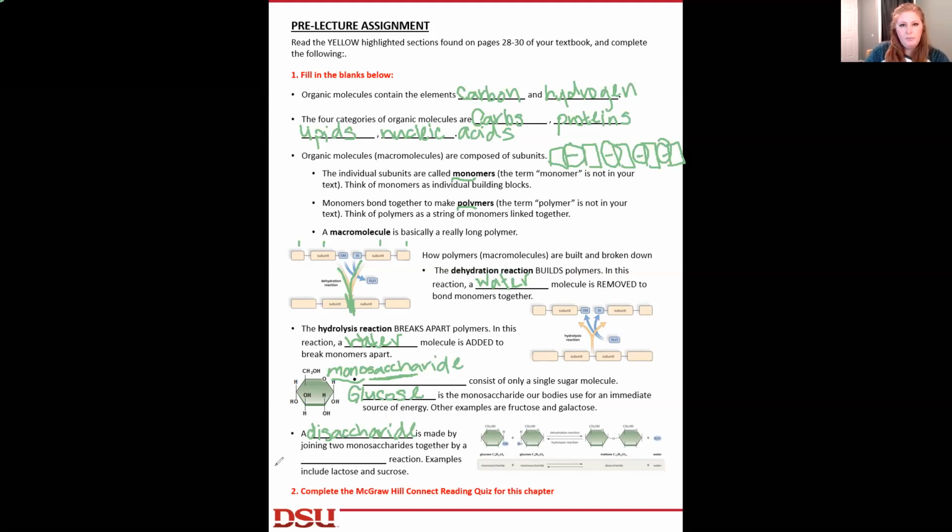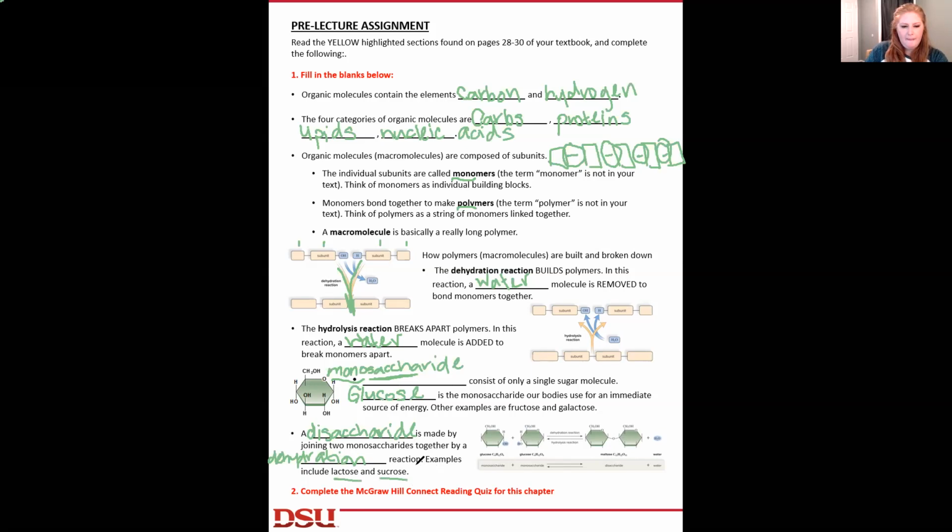We want to hook these subunits together, so we need to pull that molecule of water out of the way. So that's our dehydration reaction. Hydration, I can spell. Okay. Examples of a disaccharide include lactose and sucrose.